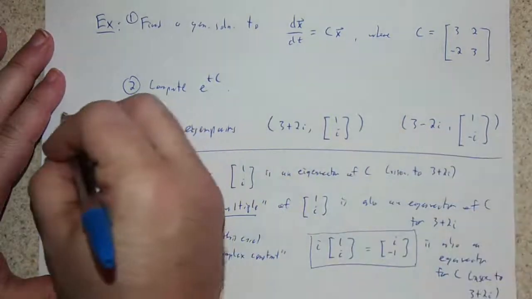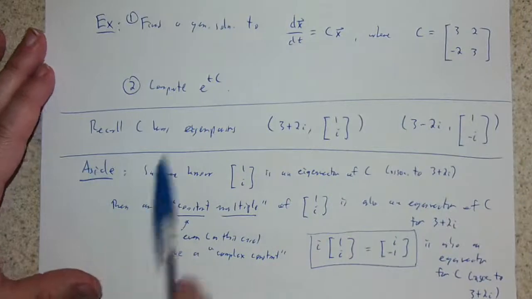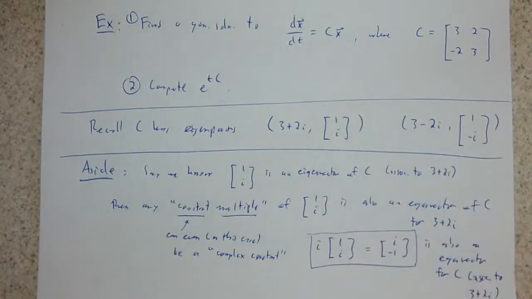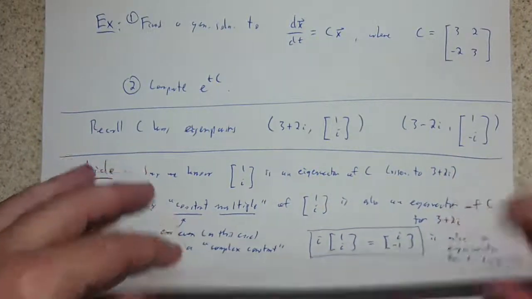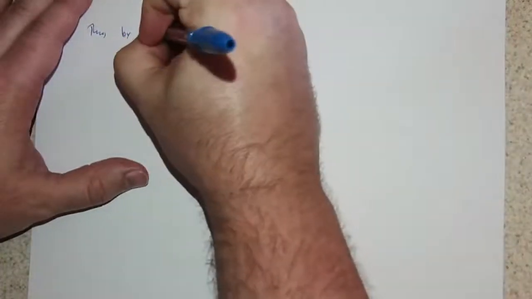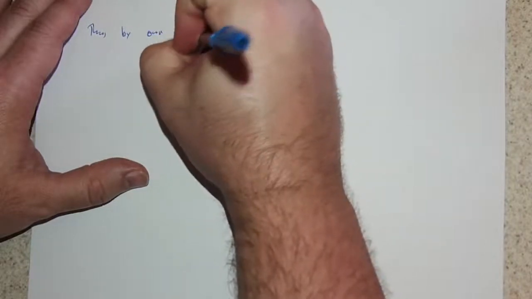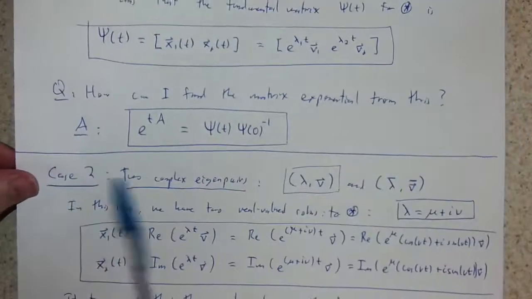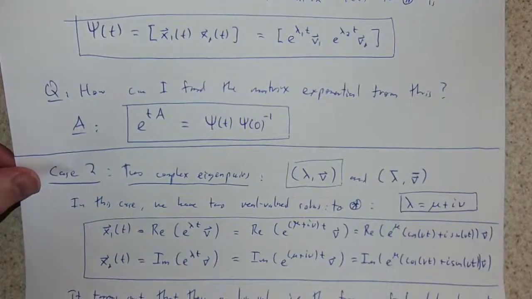Okay, so back to what I was doing. Recall that C has two eigenpairs that look like this. Thus, by our recipe, let's remind you what that recipe is. So case 2, we had two complex eigenpairs.